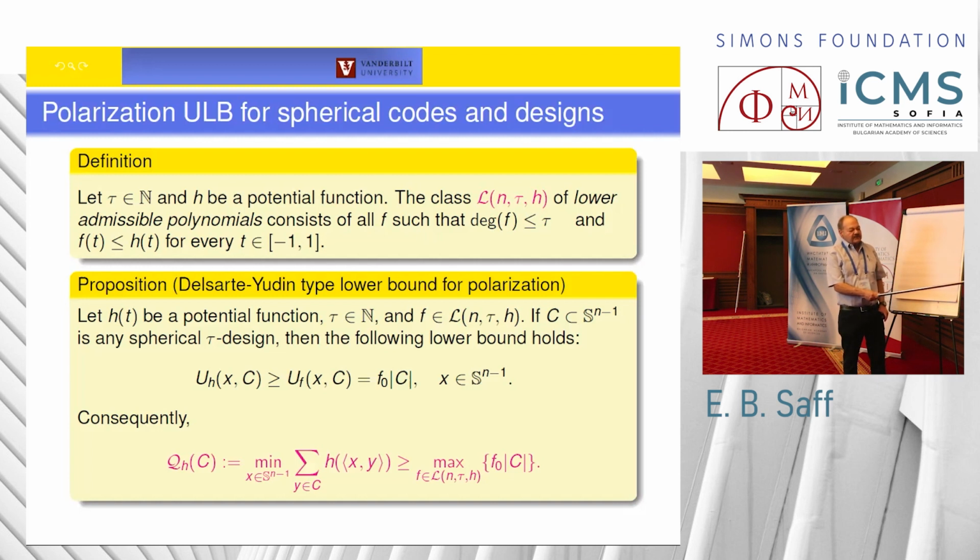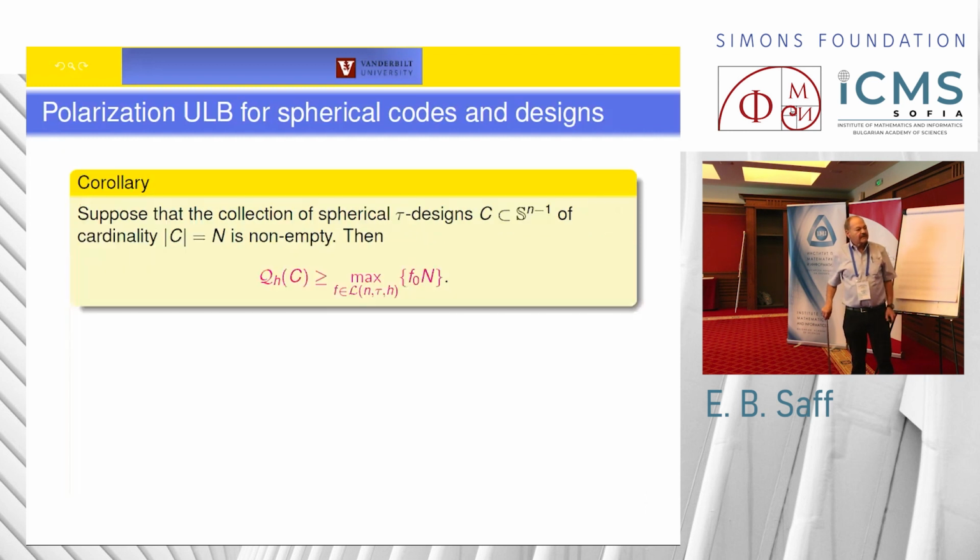So if we want to improve our lower estimate on this discrete potential, what do you want to do? You want to maximize this right-hand side over all possible polynomials in this admissible class of polynomials. So admissible class just means it's a degree at most tau, and it stays under our function h. Okay.